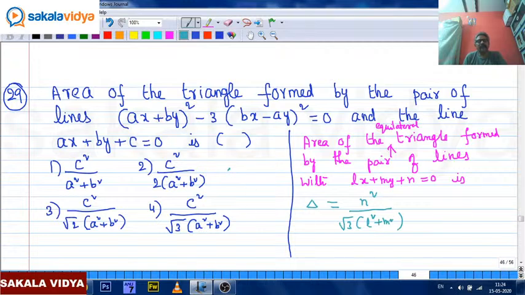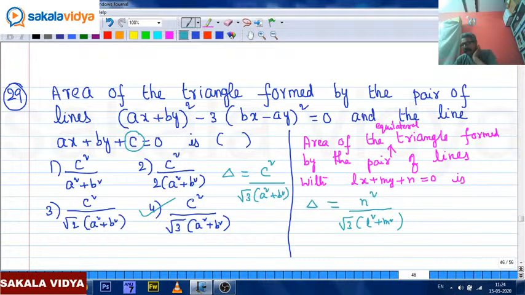Therefore, what is delta here? n is c, square by root 3 times, L means a, m means b, a square plus b square. So that means the fourth option is the right option.